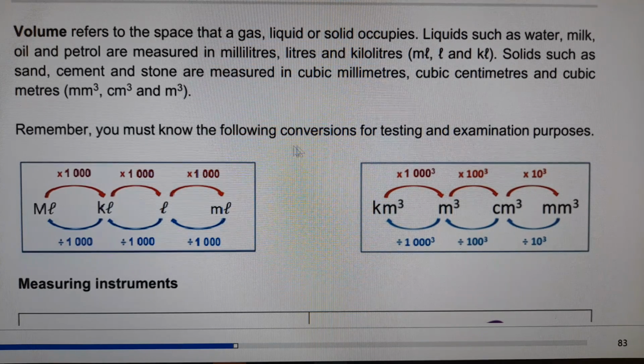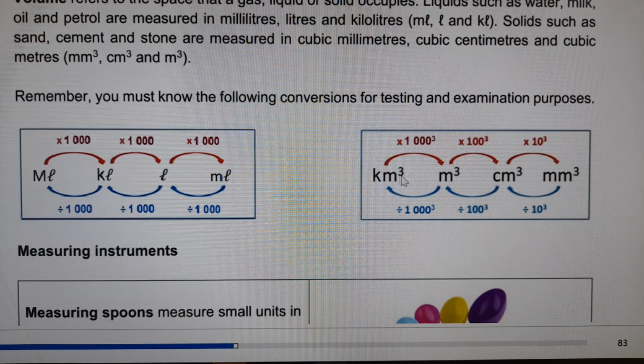Remember, you must know the following conventions for testing and examination. We have already done this in the previous term as well. So this is the table for volume for liquids, and this is the table for volume for solids. We have megaliters, kiloliters, liters, and milliliters.